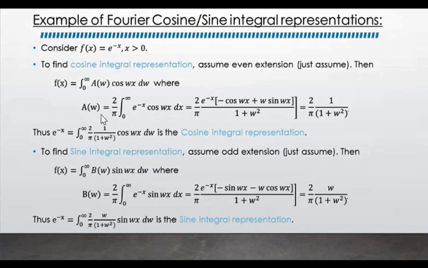And here the only difference is that for finding the Fourier cosine transform, we need to use root of 2 by pi in place of 2 by pi. So the answer, the Fourier cosine transform, will be just root of 2 by pi into 1 by 1 plus omega square. And we have also calculated the sine integral representation of f of x, where B omega was 2 by pi into omega by 1 plus omega square.